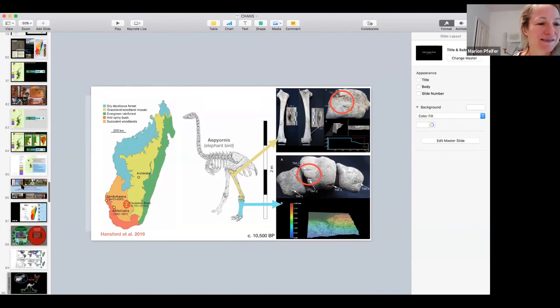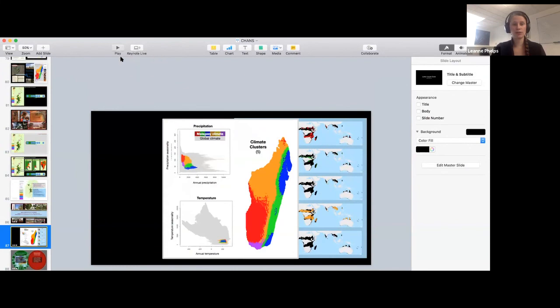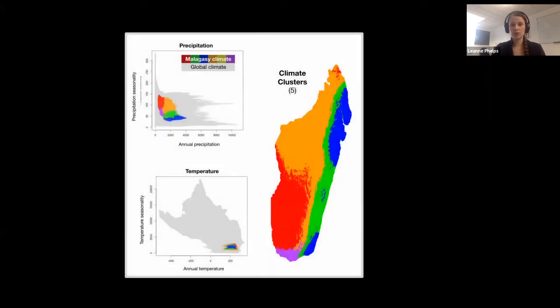There we go. Okay. What I'm currently doing is trying to define the different climatic, vegetation, and fire regions in Madagascar. I'm doing that using climate information, WorldClim or CHELSA. I'm using both.